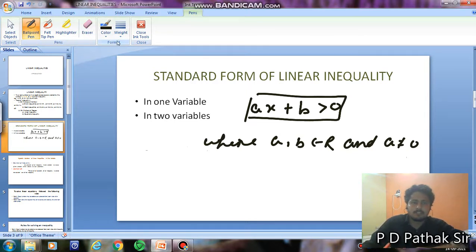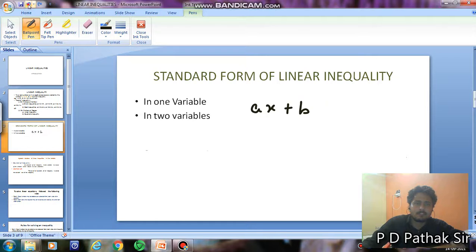Similarly, before writing the standard form of linear inequality in two variables, you have to understand the standard form of an equation in two variables.